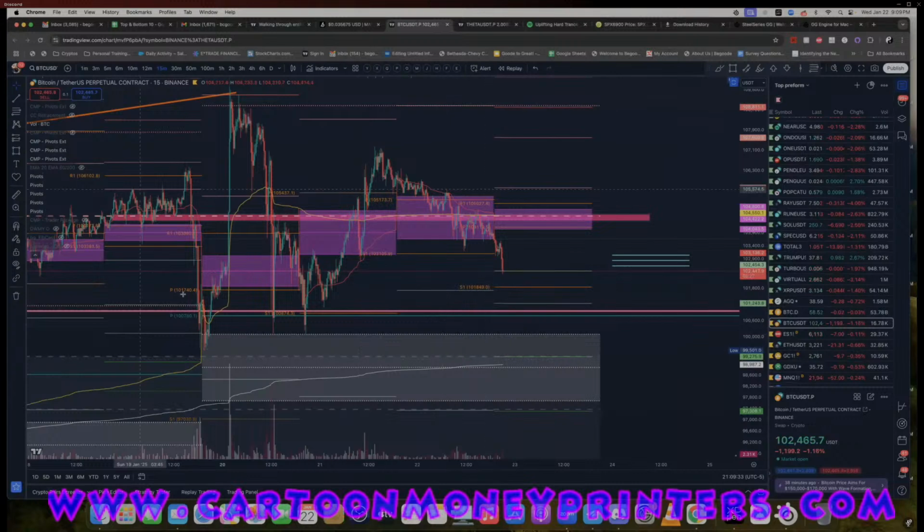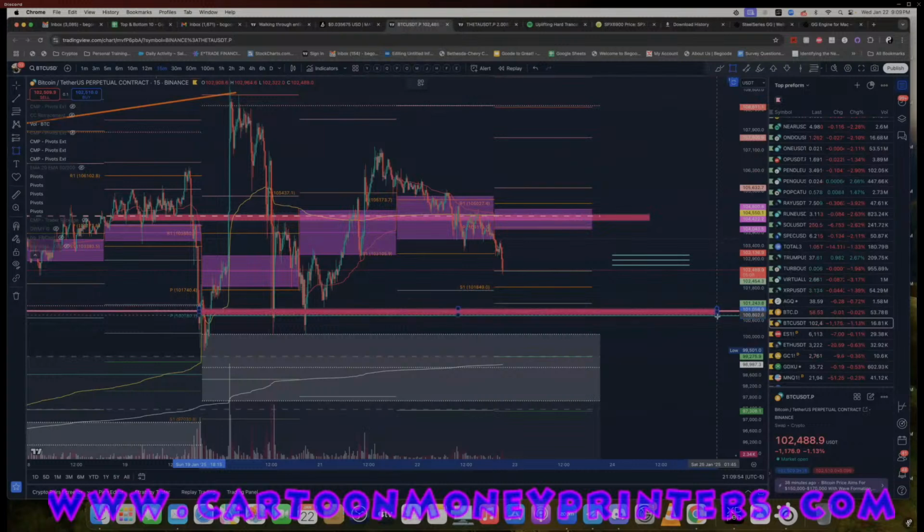So right here you have a weekly pivot and you have a monthly pivot. Remember, the red is monthly, plus you have a daily pivot right here too. So this is obviously a high area of interest.